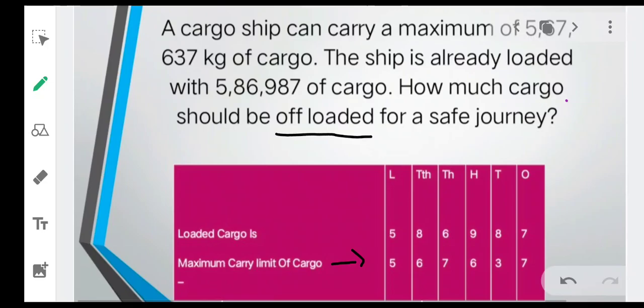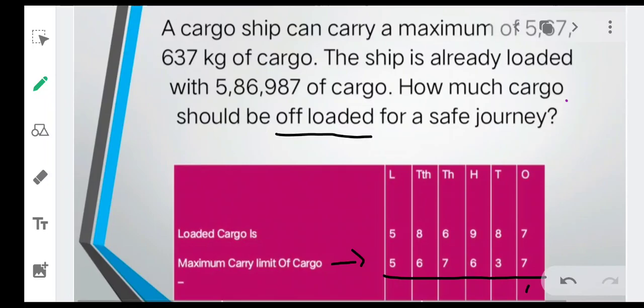So how much load do we have to offload for the safe journey of the ship? So what we actually have to do is take the loaded cargo and subtract the maximum cargo limit. So we are starting it here.